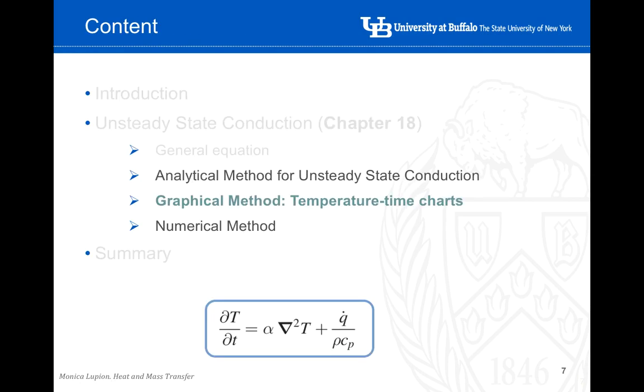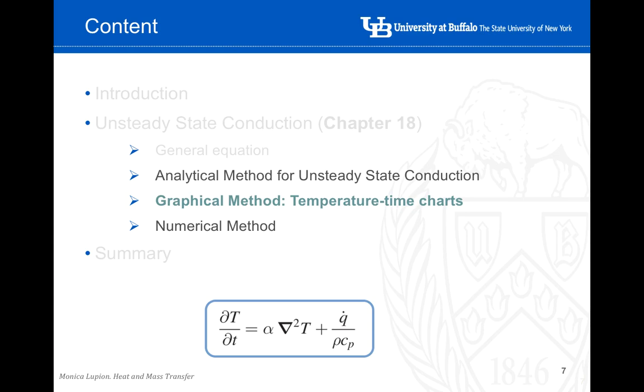Right, so we already covered the analytical method for unsteady state conduction, the different cases that I just mentioned. If we have either very small internal resistance or very small surface resistance, those two cases are more or less feasible to solve.